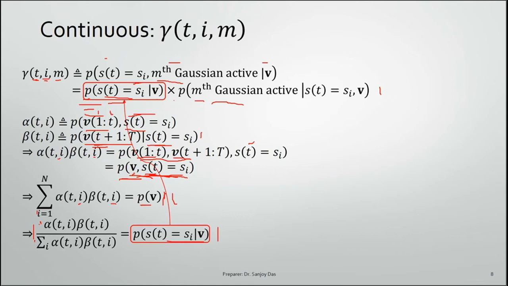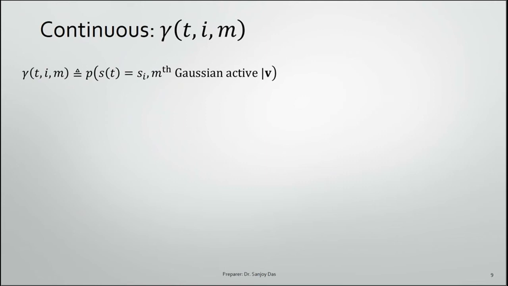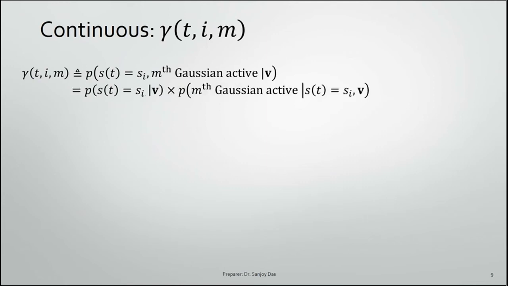So s_t equals s_i and output sequence v. So now this is gamma_t(i, m), and we factored it into two probabilities.